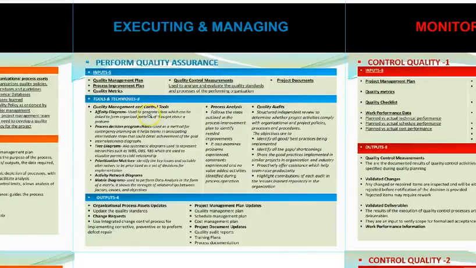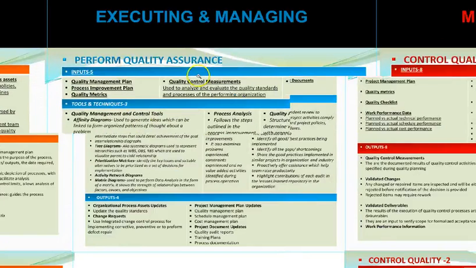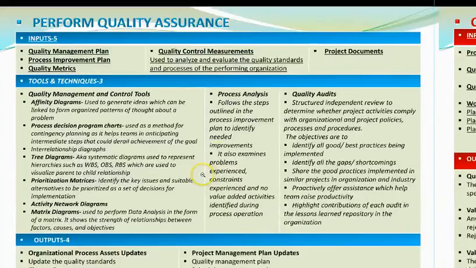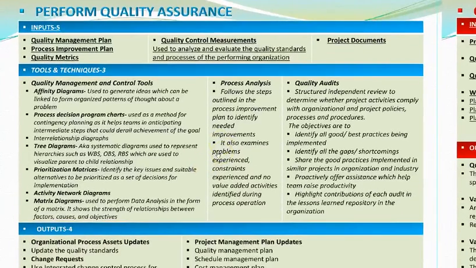Again, the second process, which is perform quality assurance, falls under the executing and managing process group. Now, perform quality assurance has 5 inputs, 3 tools and techniques, and 4 outputs.